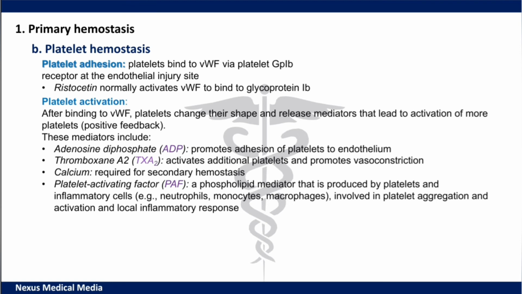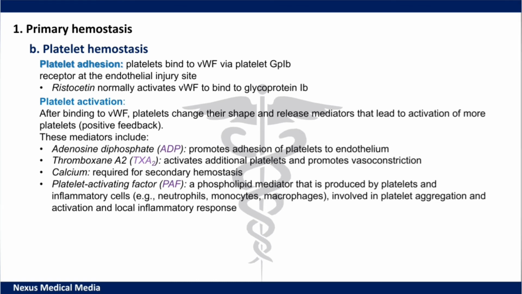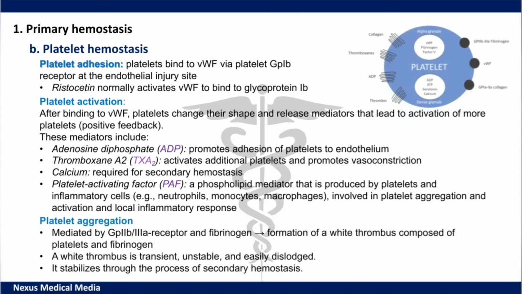Platelet activating factor. This is a phospholipid mediator that is produced by platelets and inflammatory cells, for example, neutrophils, monocytes, macrophages, and is involved in platelet aggregation and activation of local inflammatory response.